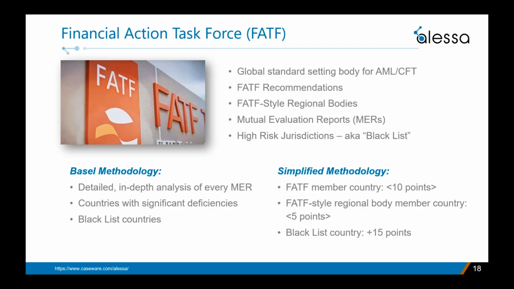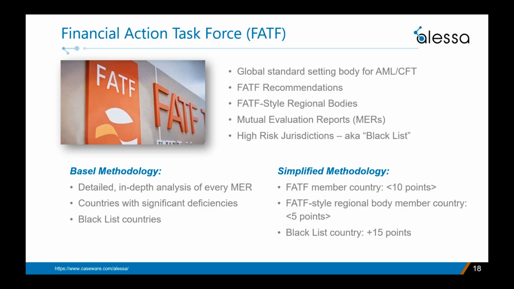Now, in my simplified model, I just considered a country's FATF membership to be a risk mitigator. So I would use a negative point value for that country. If instead the country was a member of a FATF-style regional body, I still considered this a risk mitigator, but not as much as being an actual FATF member.